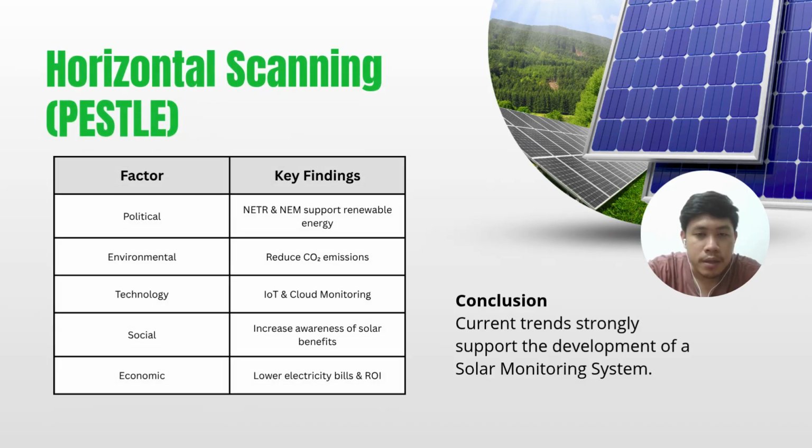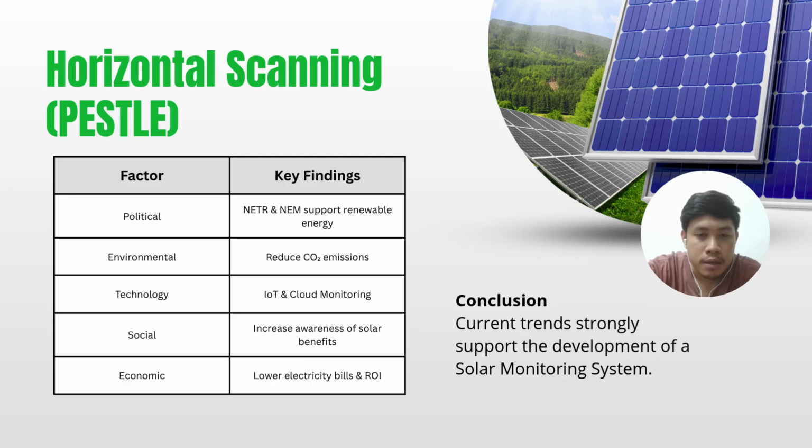Okay, now I will be taking you through our futures thinking tools, firstly the horizontal scanning, which is used with the pixel analysis. As we can see in the horizontal scanning, there are different perspectives, and the first is politics.